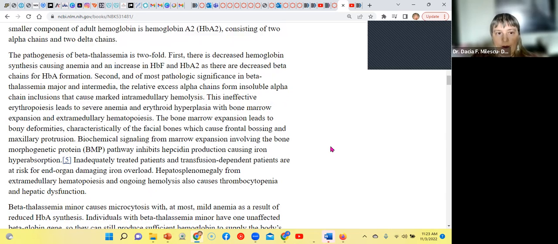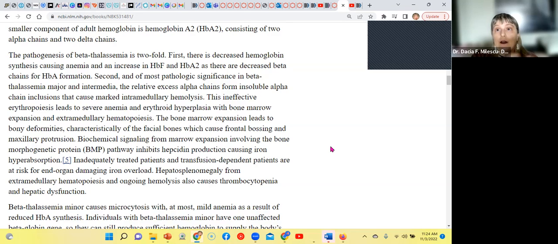So that's one reason. The second reason of most significance is that beta thalassemia major and intermedia have excess alpha chains, which are insoluble, form insoluble alpha chain inclusions, and are marked for hemolysis. In other words, they break down.